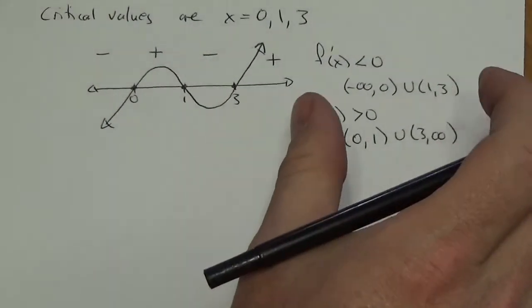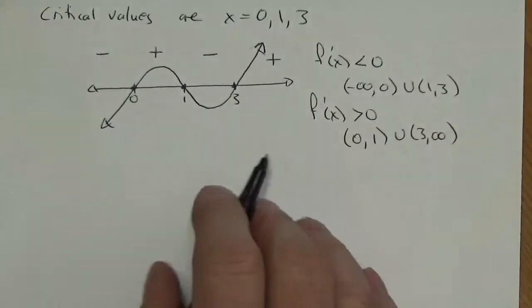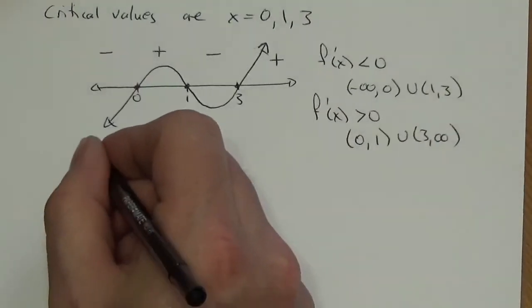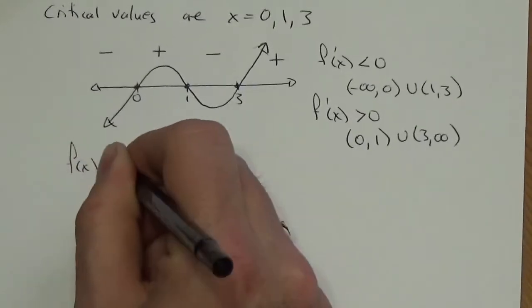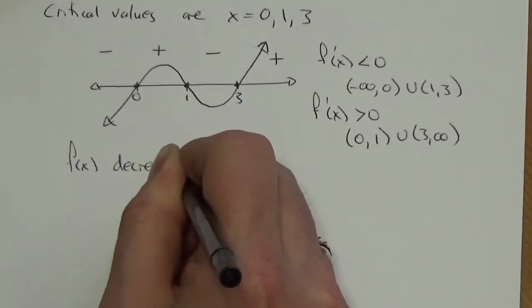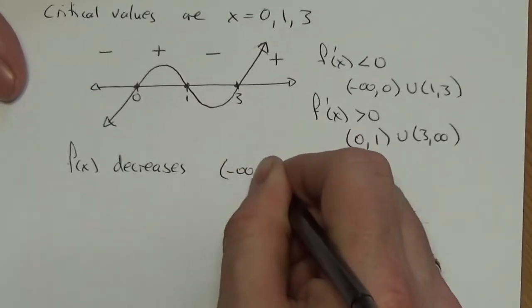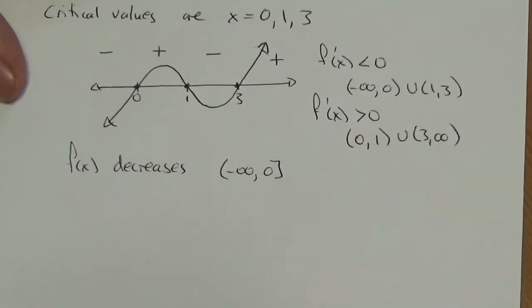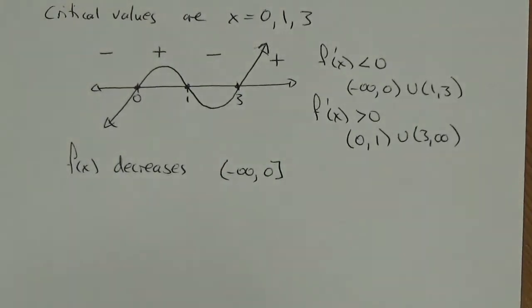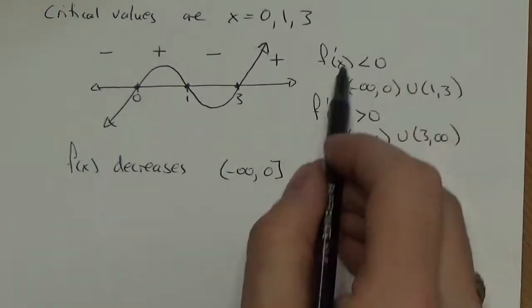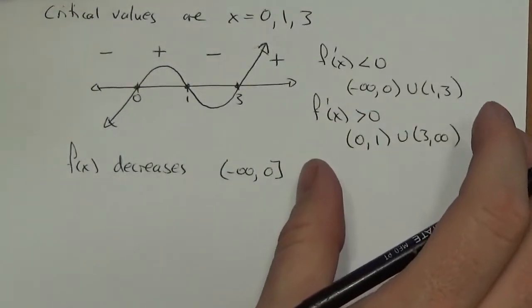Because the first derivative is negative in this interval and positive in this interval, I know that f of x decreases on the interval negative infinity up to 0 inclusive. Remember, when we talked about decreasing and increasing, it's always with respect to two points. Just having the derivative become negative is not enough.